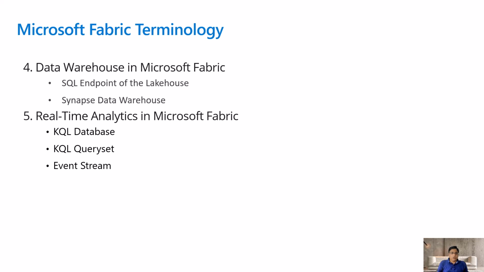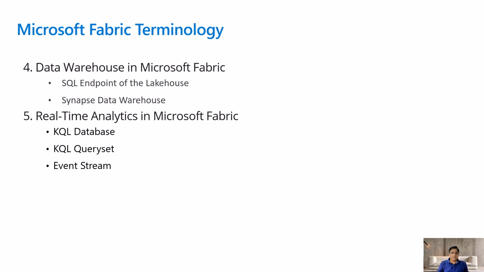It provides you these three capabilities, like KQL database. And KQL, as you might know if you have worked in Azure, is a custom query language. So it provides you a custom query language database, and then you can also use KQL query set, where you can generate the queries in KQL and generate the insights from it.